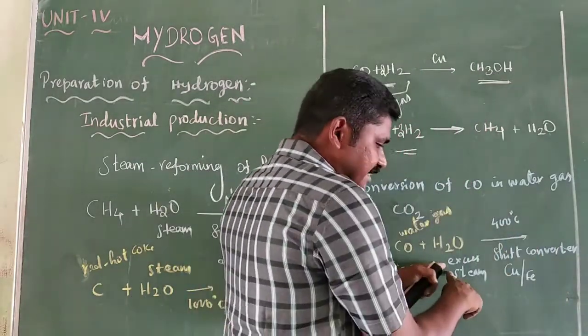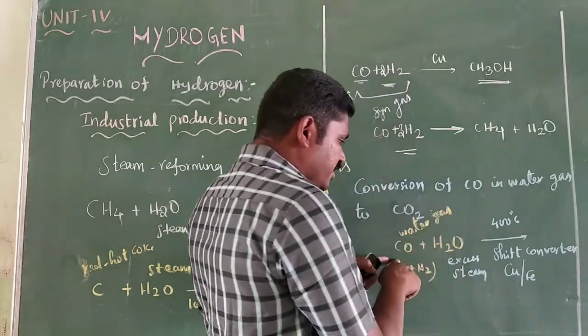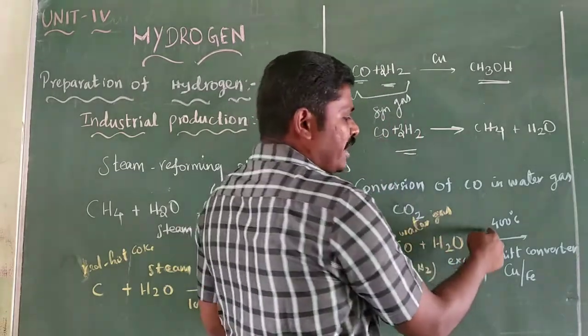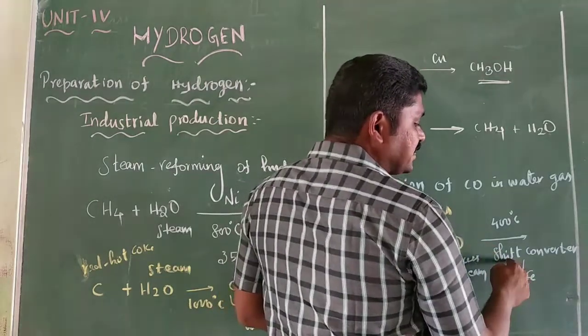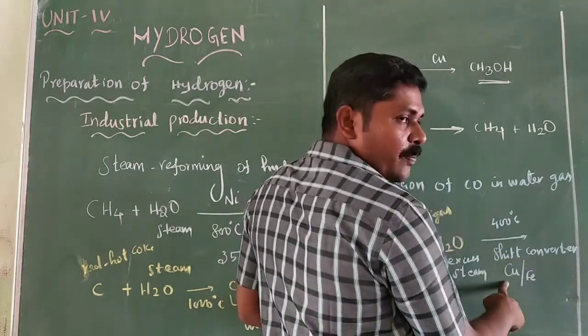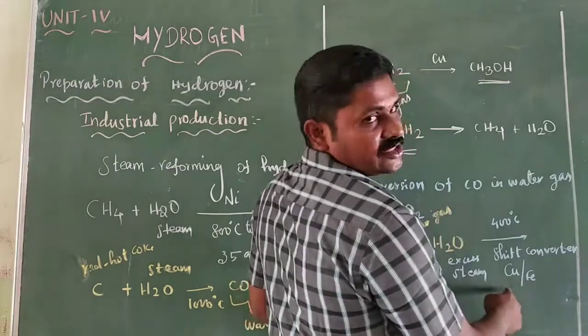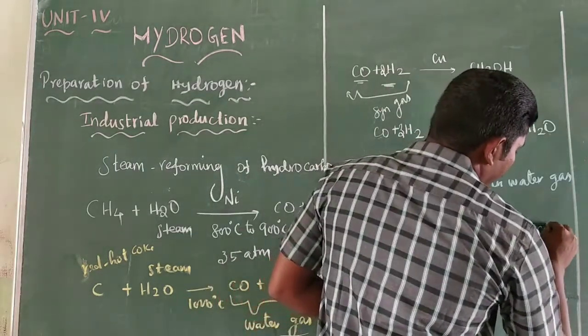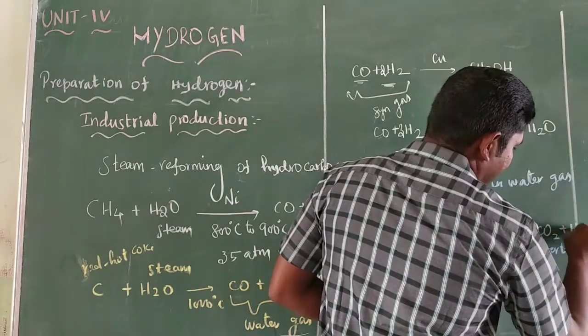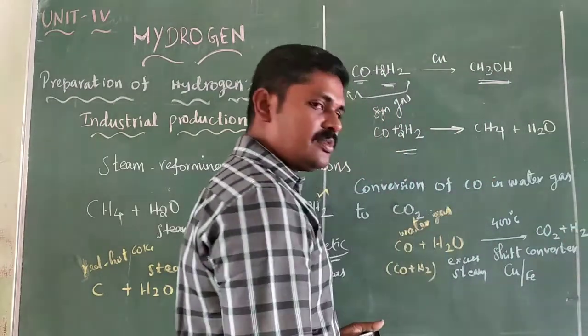Are you right? The excess of steam mixed with the water gas at 400 degrees Celsius is passed over a shift converter containing copper or iron catalyst to produce carbon dioxide and hydrogen.